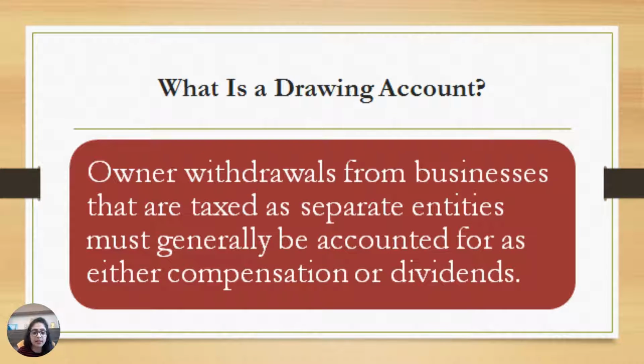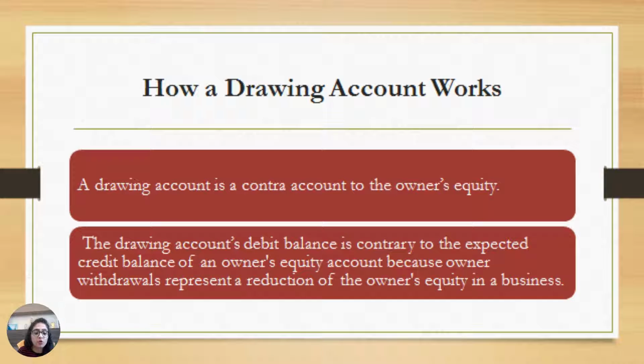Owner withdrawals from businesses that are taxed as separate entities must generally be accounted for as either compensation or dividends. A drawing account is a contra account to the owner's equity. The drawing account's debit balance is contrary to the expected credit balance of an owner's equity account, because owner withdrawals represent a reduction of owner's equity in a business.